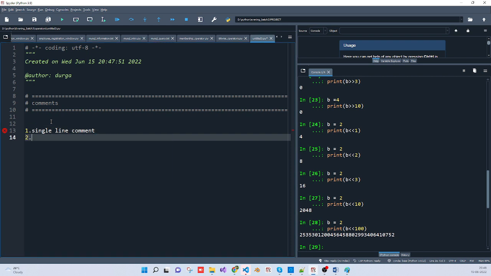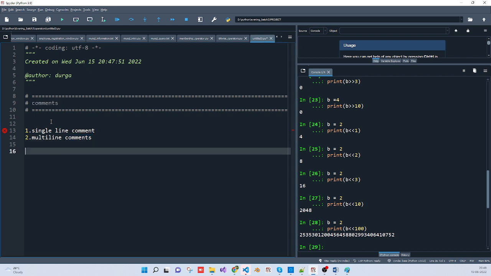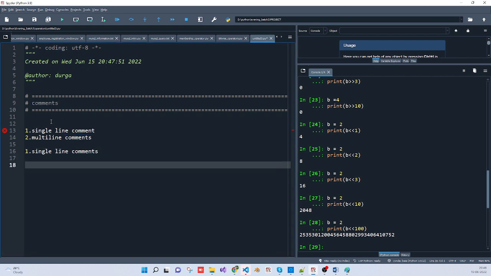The second one is multi line comments. So first of all, single line comments.